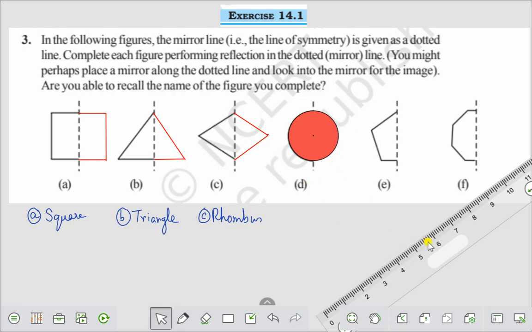That is, we are getting a circle in case of D. Here you see this is a circle.